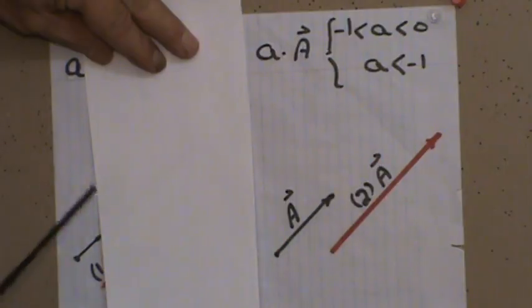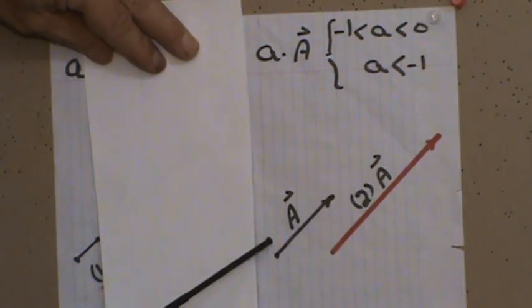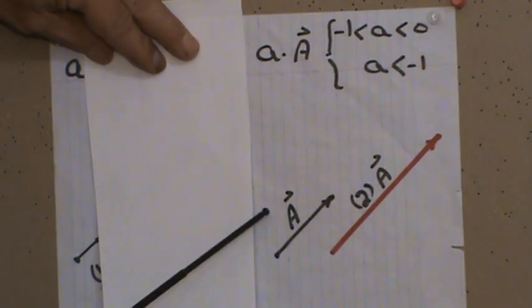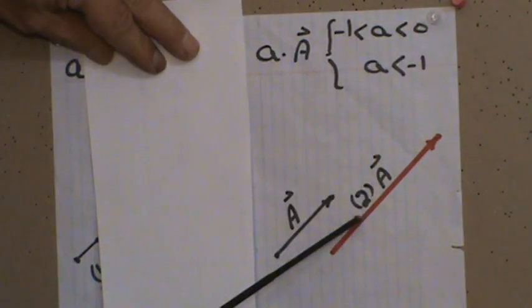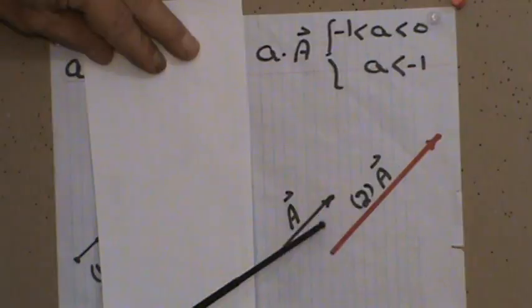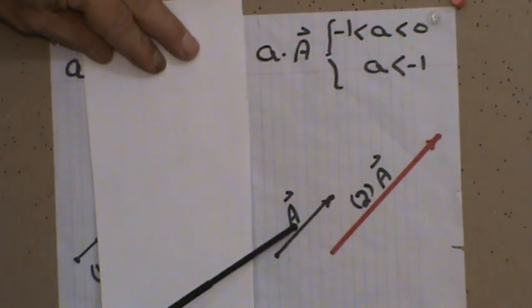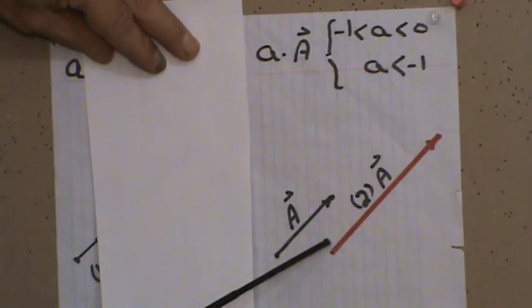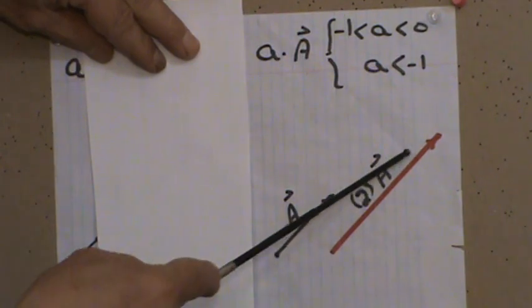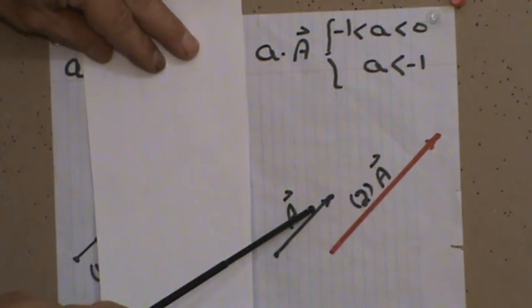And if the scalar is bigger than 1, let's say 2 in this case, and this is our original vector A, when I multiply by 2, the result, this red vector, has the same direction as this one, but its magnitude, which is its length, is twice this one.